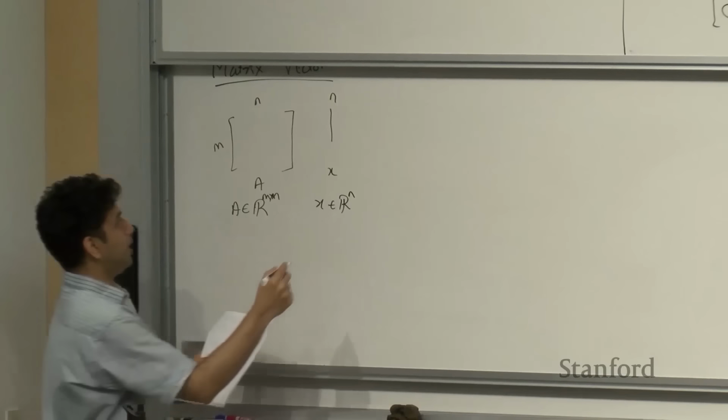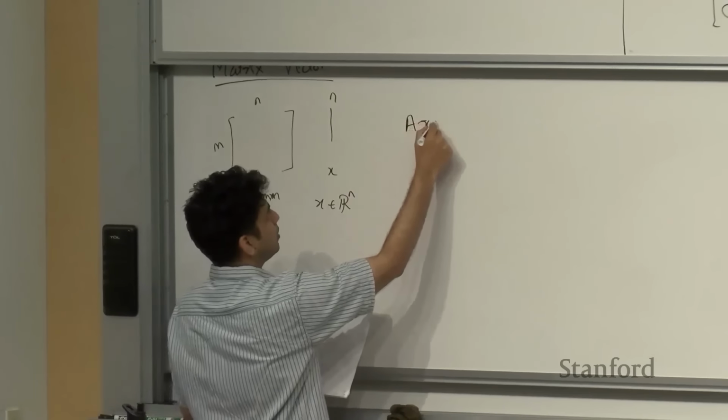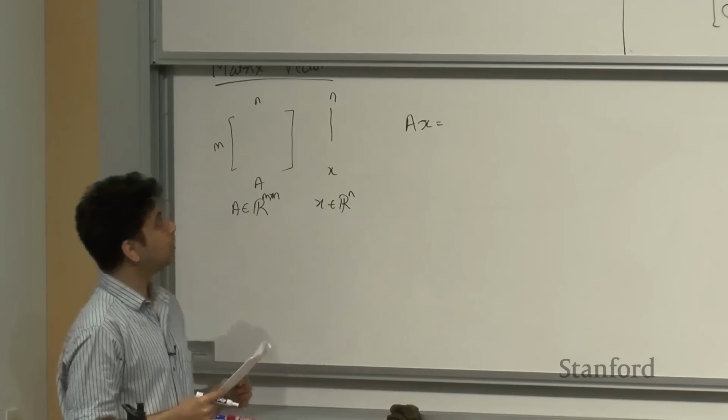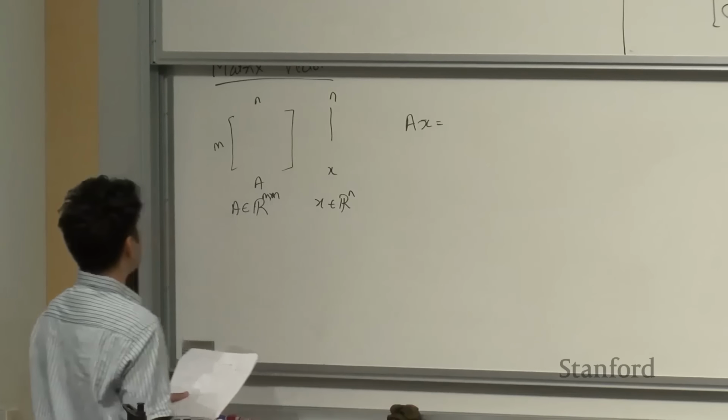So Ax is now of dimension M. So how do you think about this operation?